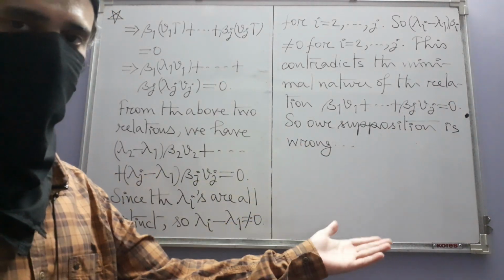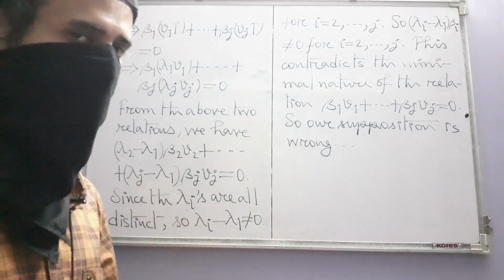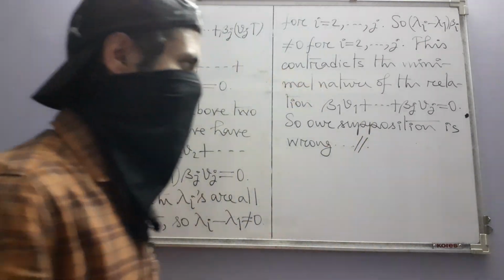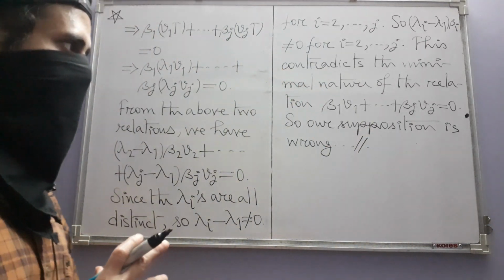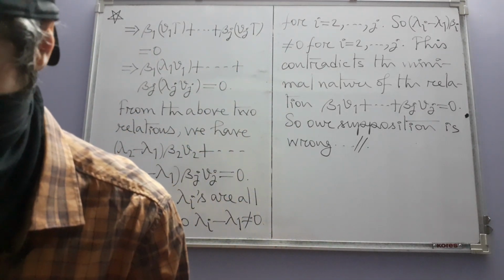And that's why the vectors vi form a linearly independent set. They cannot be dependent. That completes the proof. Now this result has a consequence. That consequence is this corollary.